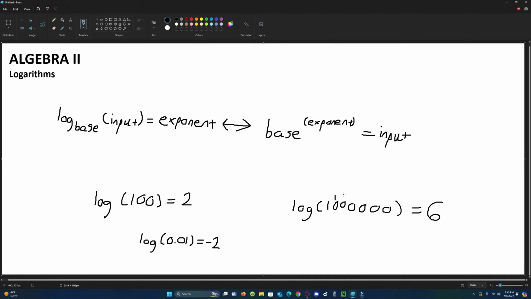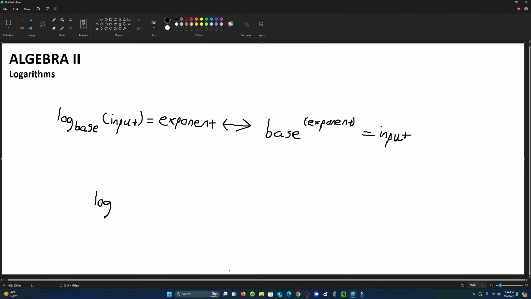You get 1, 2, 3, 4, 5, 6. And you get 6. And then with this, you have to start with the 0 before the decimal point. But you get 1, 2. And the answer is 2. Well, not 2, but negative 2.